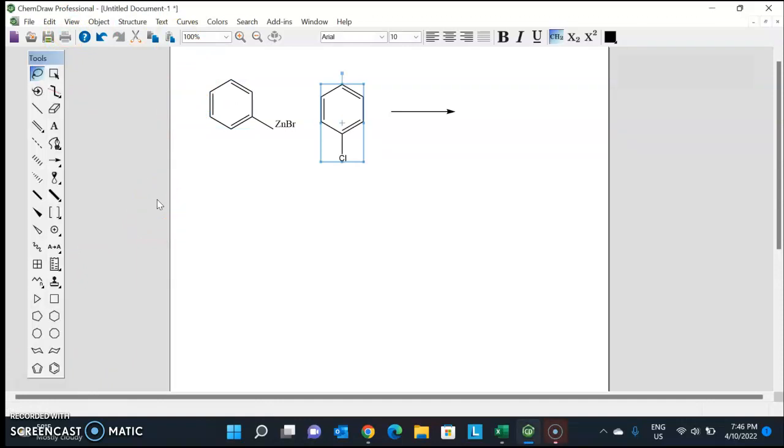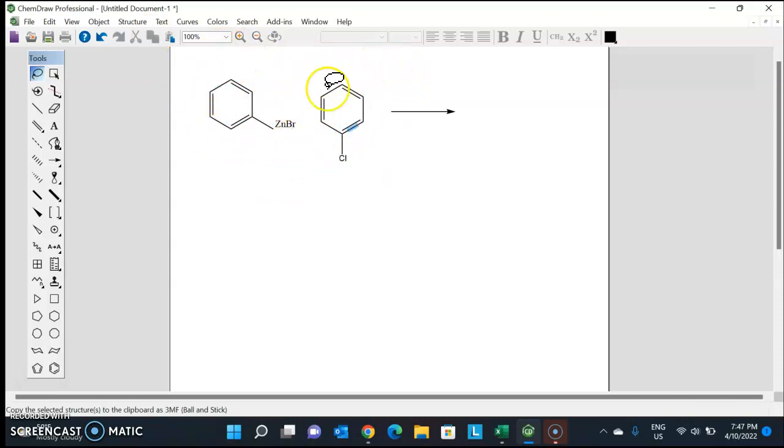This reaction is the Negishi coupling reaction. It is characterized by the zinc, and the zinc is usually next to a halide. In this case, it's Br, and the zinc-carbon bond is the important factor in this compound.